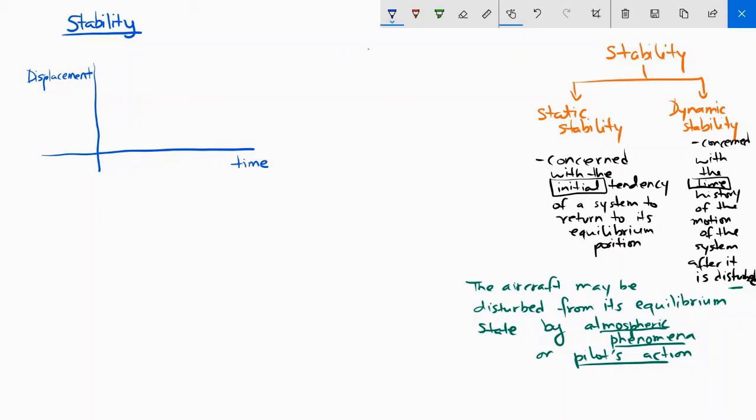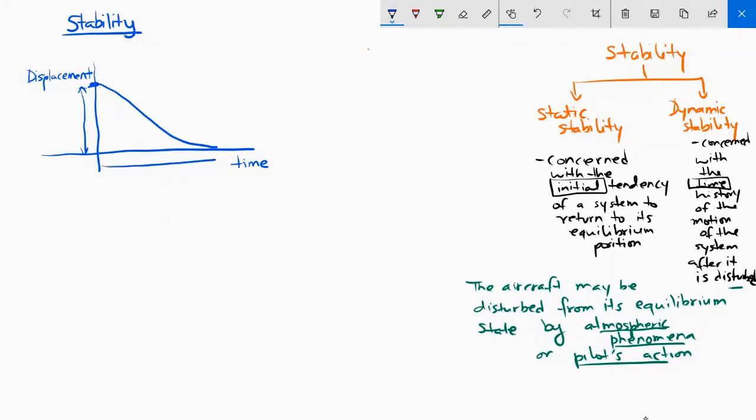So you can imagine that its angle of attack has been slightly changed, or its altitude has been slightly changed. Okay, so this displacement could mean a change in any variable. Then let's say this is the initial displacement. Now we want this displacement to go back to 0, right, so that the aircraft comes back to the equilibrium. So it can come back to equilibrium by following this plot.